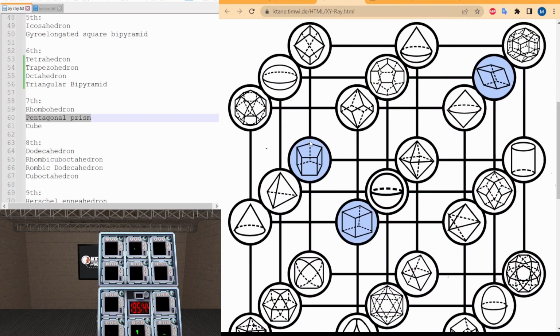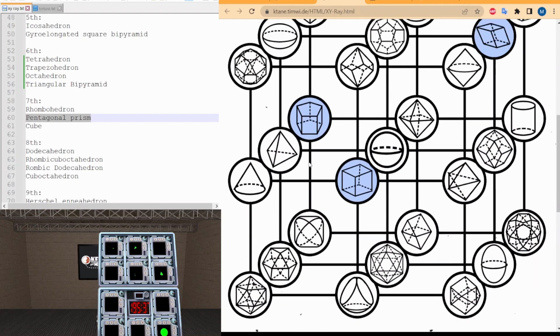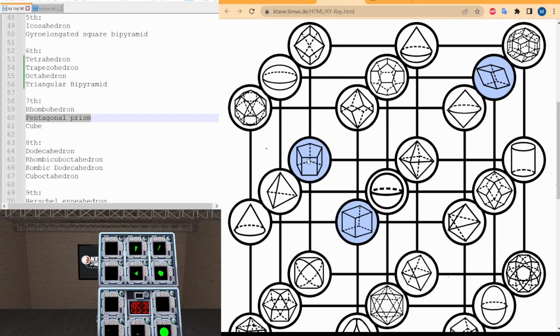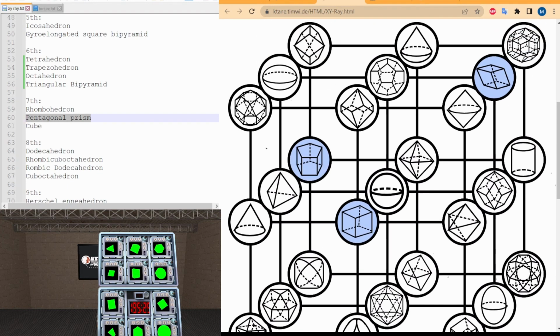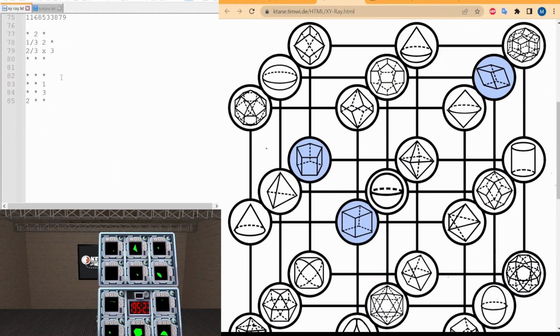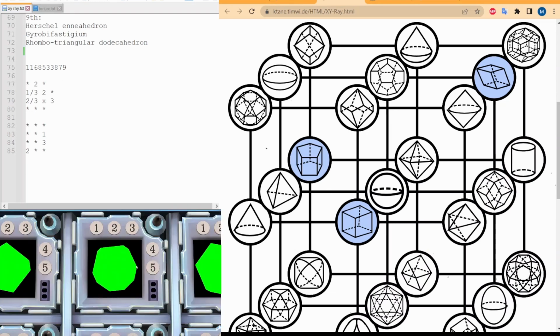So if you count 10 vertices and find 2 pentagons and the rest are just rectangles, then it's this shape, because there are only like 2 other shapes with pentagons, this and this, and they obviously are very different from this one. Okay, this one, I believe. Yeah.